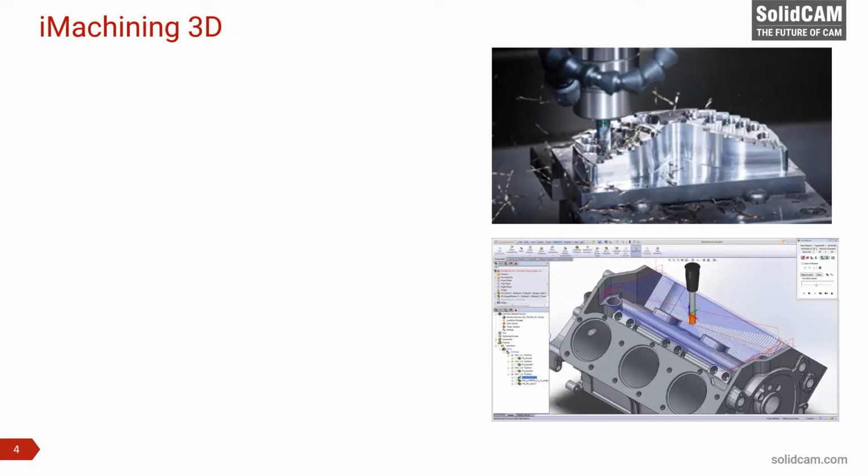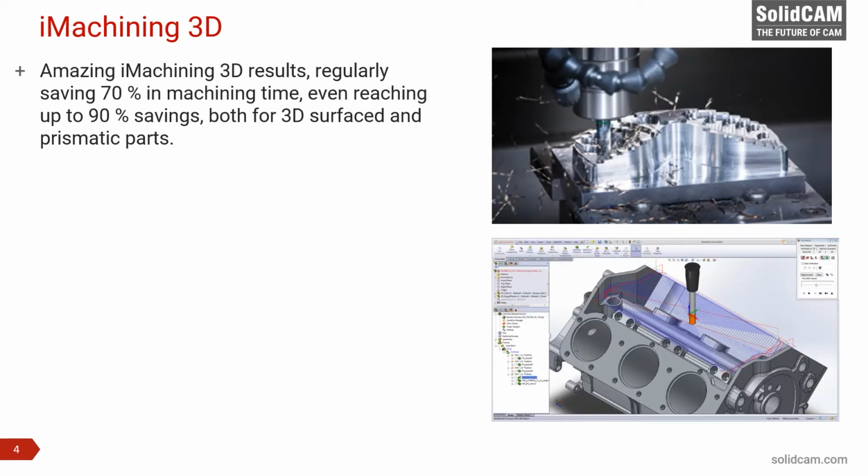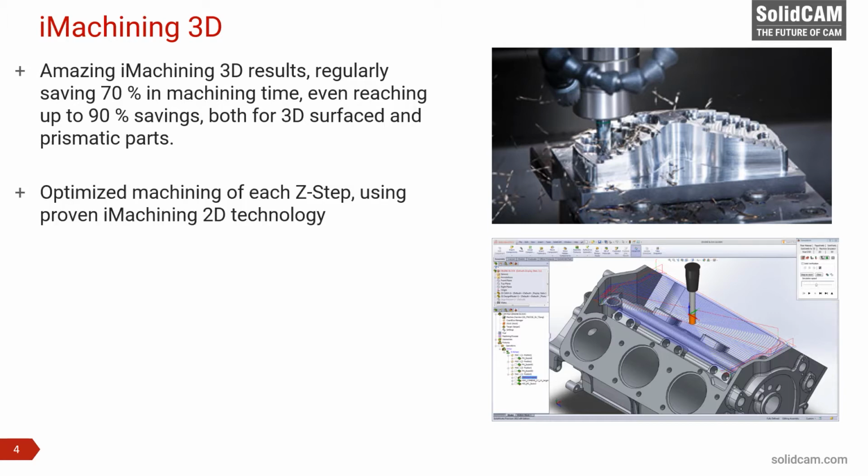Let's look at iMachining 3D. iMachining 3D is a revolutionary product inside SolidCAM 2021. It can save up to 70% machining time, even reaching up to 90% savings when you're machining with hard materials and small tools, both for 3D surface, that is the sculptured surface parts, as well as the prismatic parts.